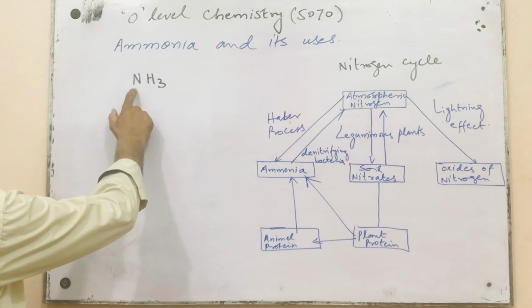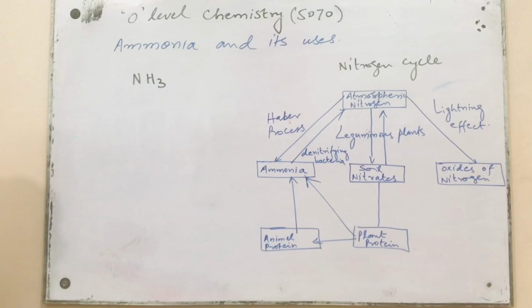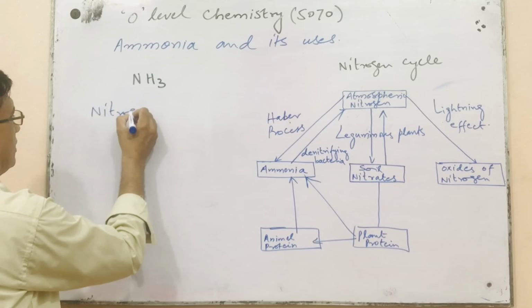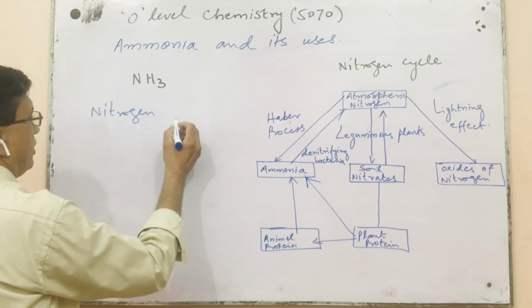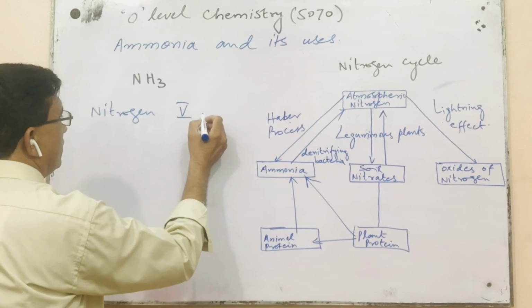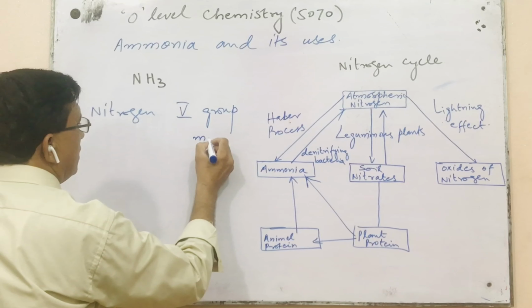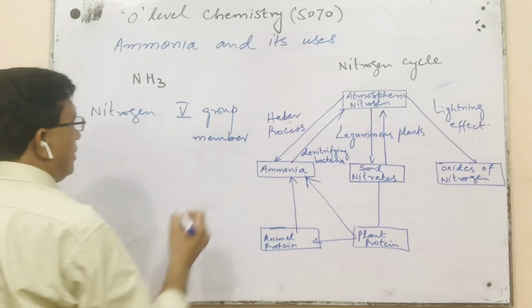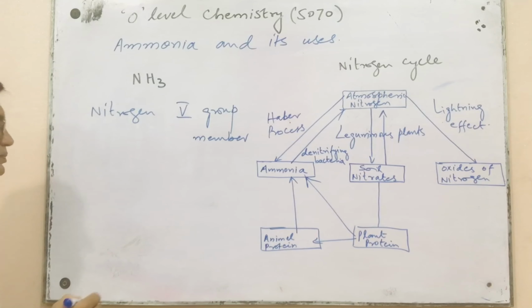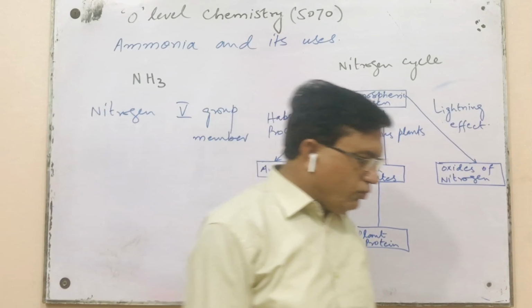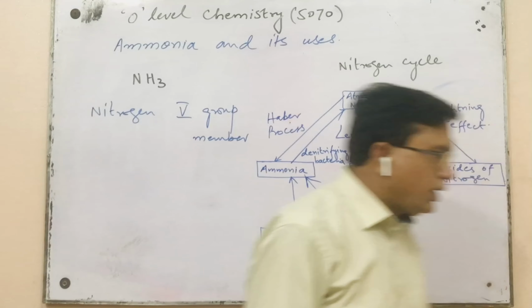The central atom is nitrogen. Nitrogen is a fifth group member, and initially nitrogen was called azote.